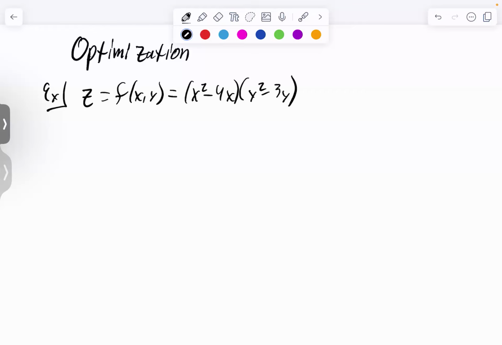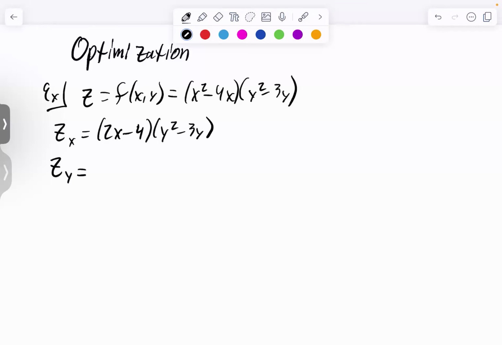So we're going to start with taking the derivative with respect to x. That's going to be 2x minus 4. Remember, the y squared minus 3y part is just a constant relative to x.